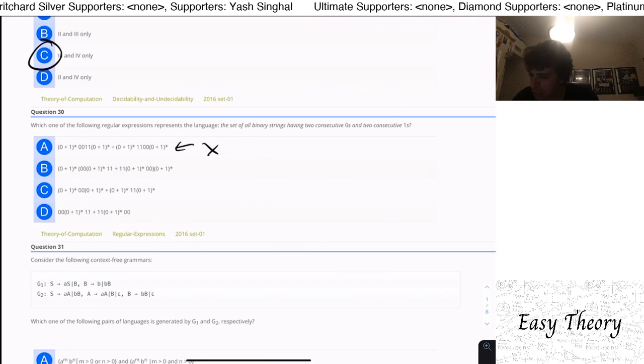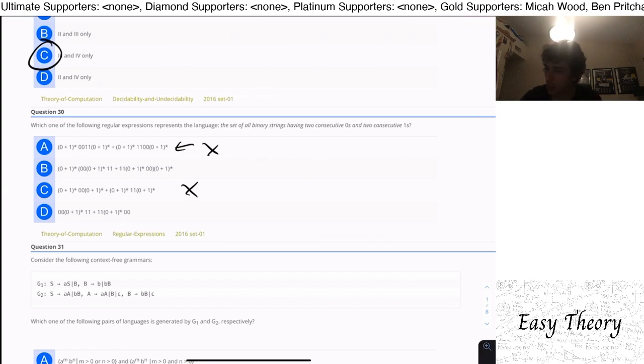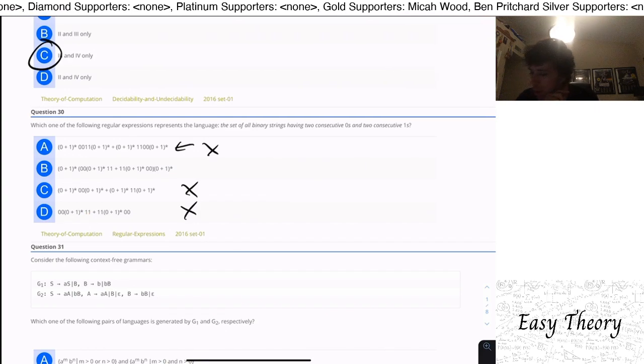B I'll come back to. That looks a little complicated. C does not work because this plus in the middle gets you one or the other, but it must be both. D doesn't work because it doesn't have to start with 0, 0, and end with 1, 1, or the other way around.